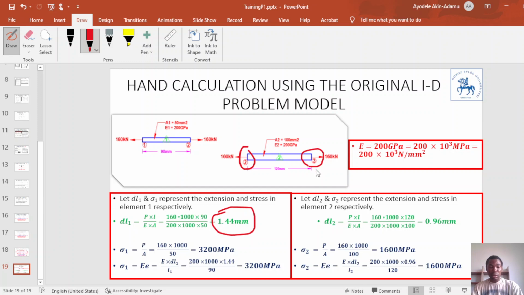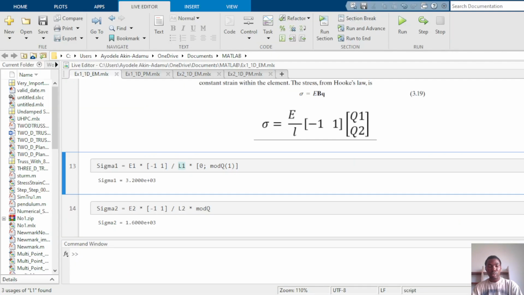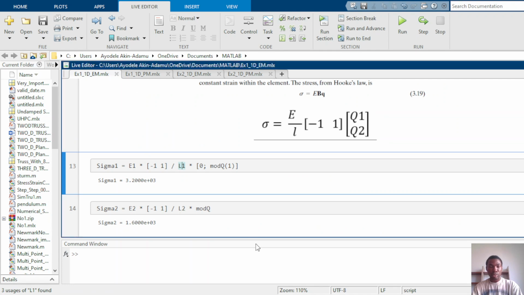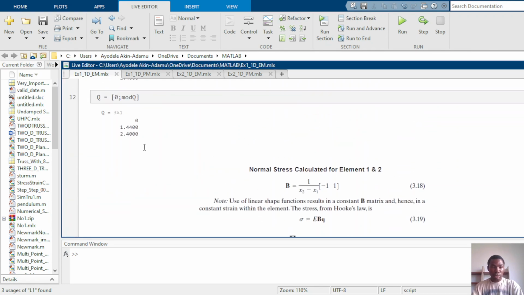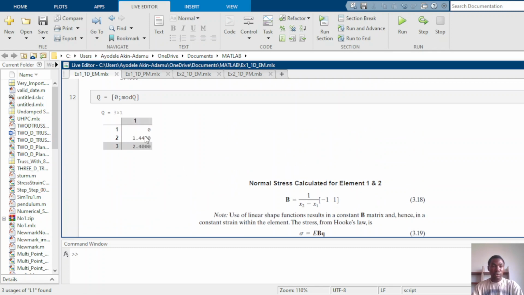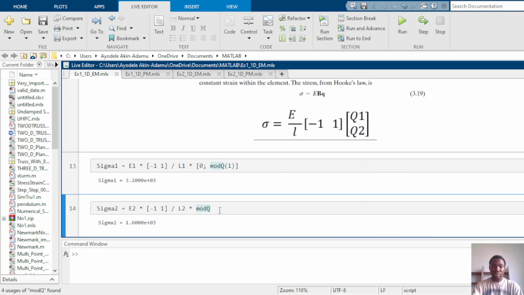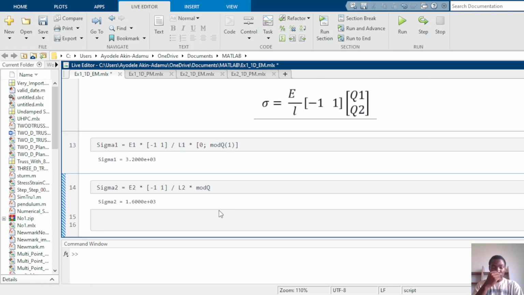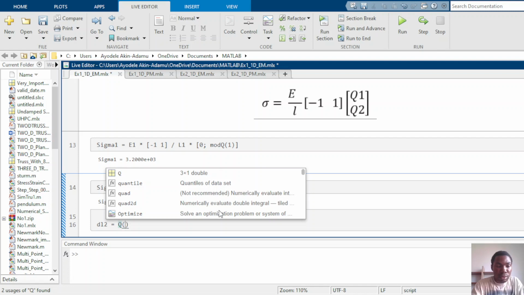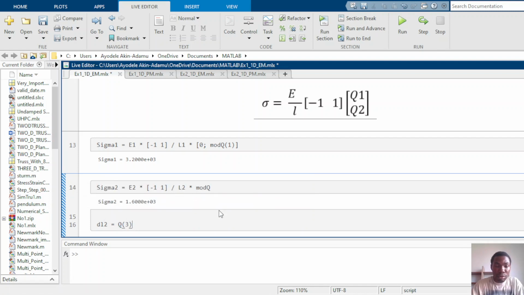I'm going to show you this on MATLAB now. So you can see that our Q3 is 2.4, our Q2 is 1.44. So we want to get the extension in element 2, say DL2 equals Q3 minus Q2.